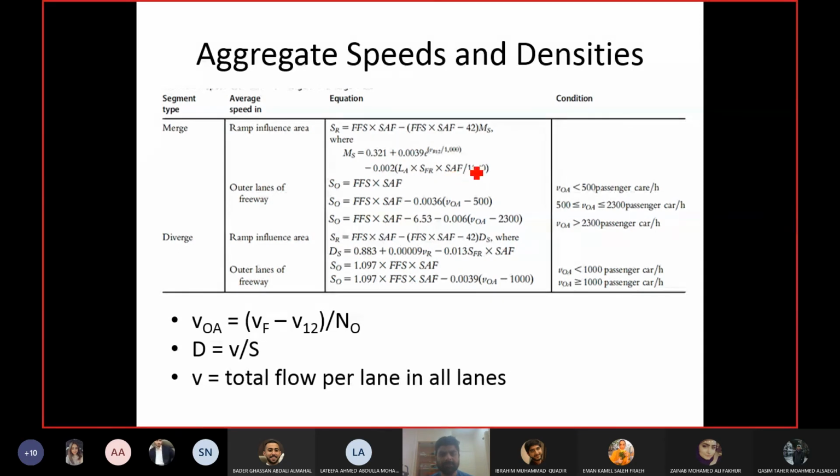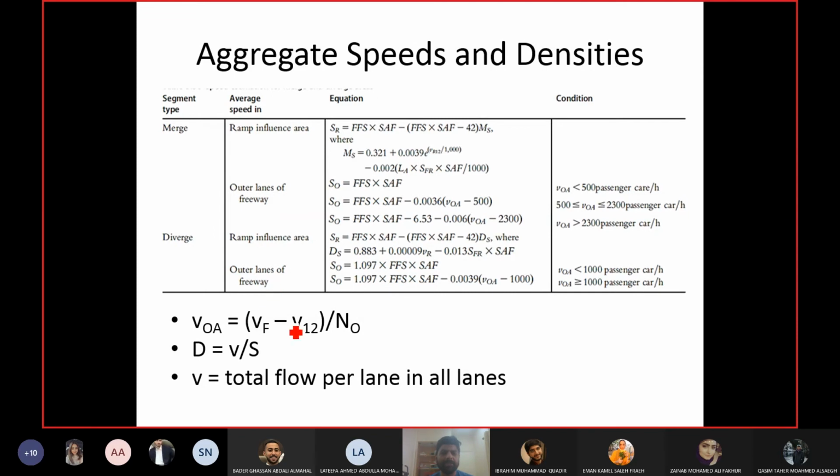Speed adjustment factors will remain the same as we have seen for the basic freeway segment. So SAF in all these conditions means the speed adjustment factor. So we have the average speed in the ramp influence area, and the average speed in the outer lane. And we have the speed in the ramp influence area and the speed in the outer lane for the diverge segment.